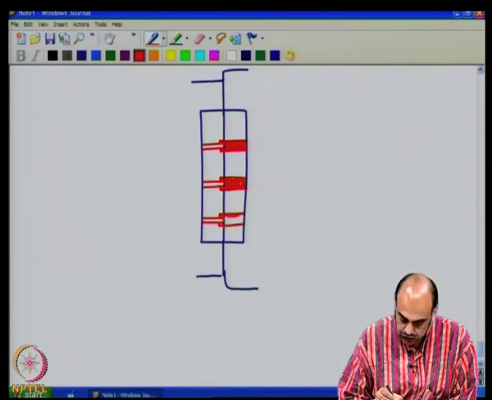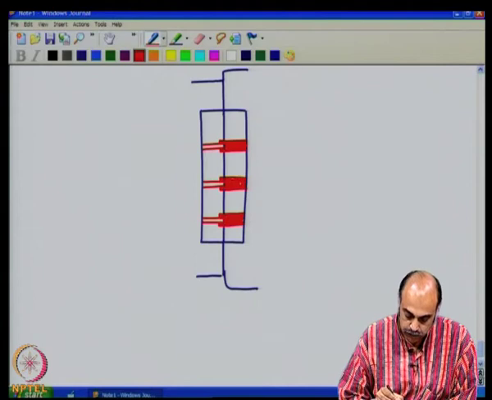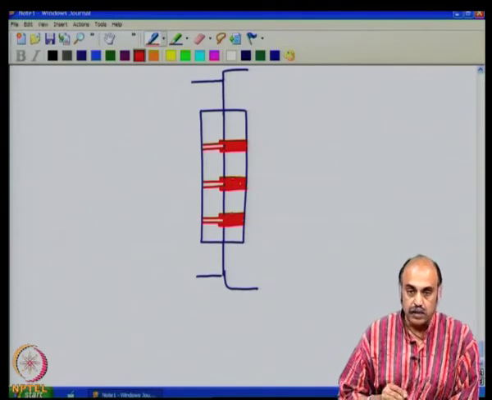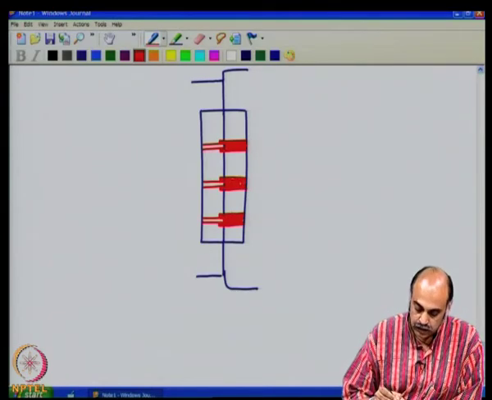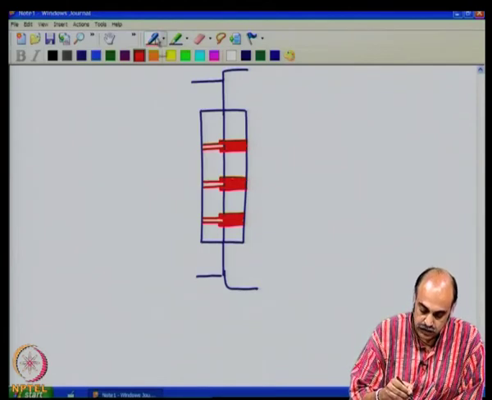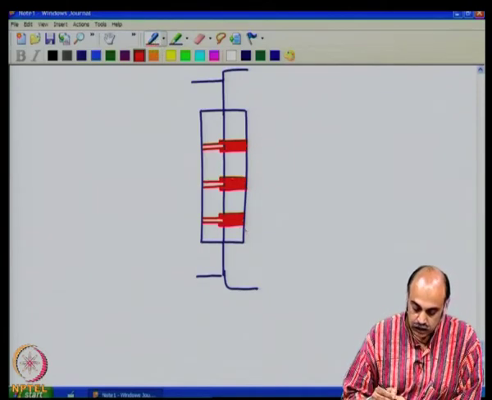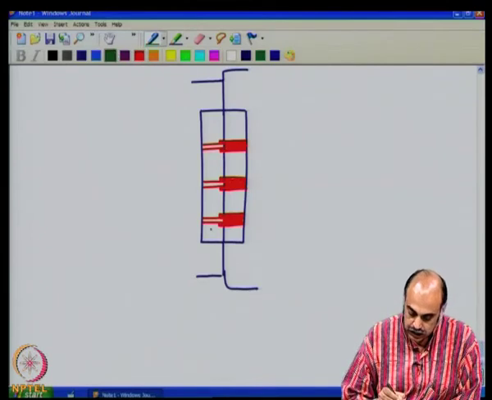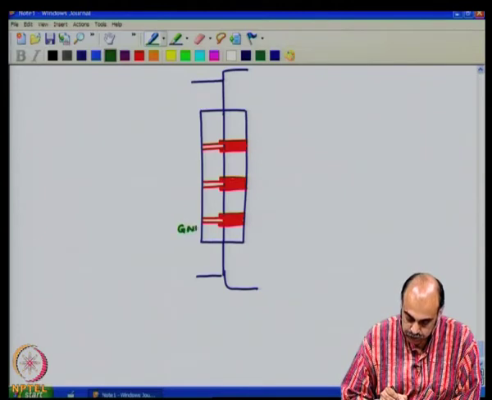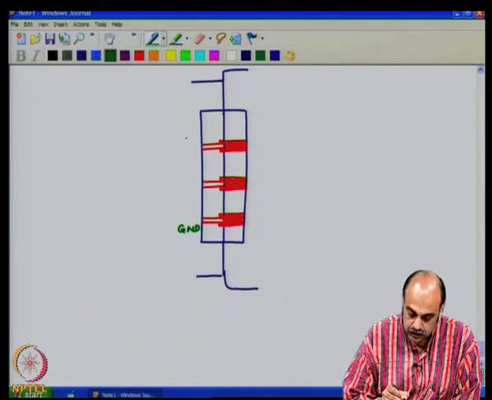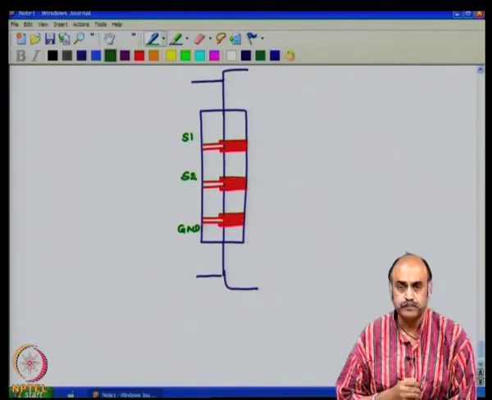For a reason that I am taking these 3 pins, you should note that a connector will have many more pins, multiple pins, but I am taking 3 pins which are representative, and let us say this third pin is the ground pin, and then this is signal pin 1, this is signal pin 2.